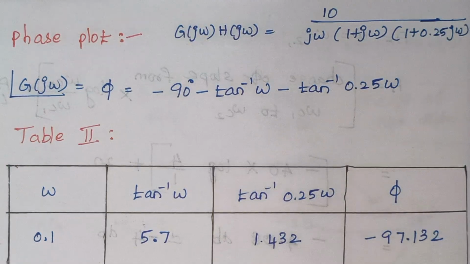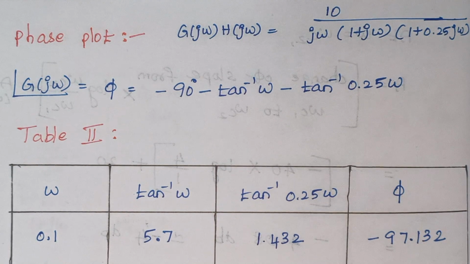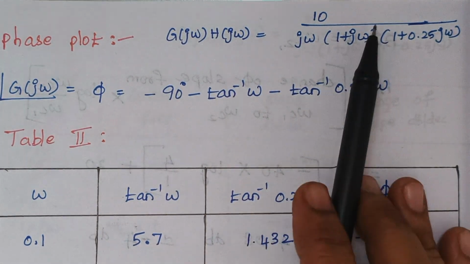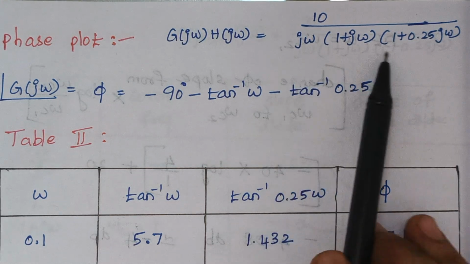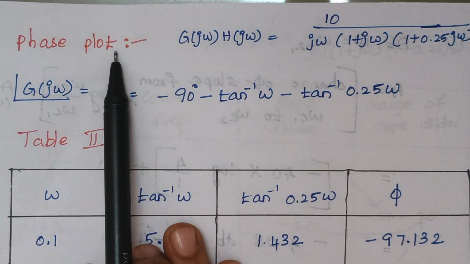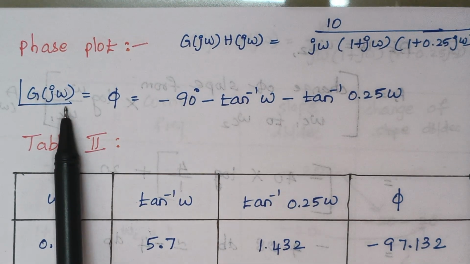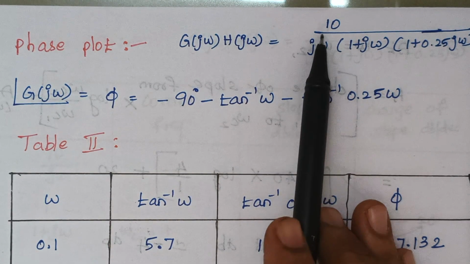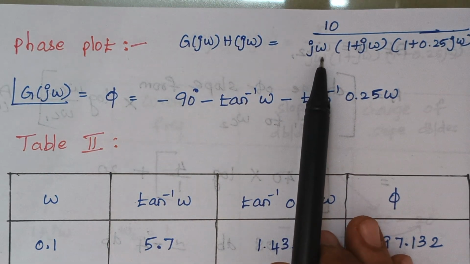The next step is we are going to find the phase plot. So this is our given problem. We have just simplified this and this is our simplified format of the given problem. So for calculating the phase plot, the angle of g of j omega is equal to, here an omega always contributes an angle of 90 degrees.